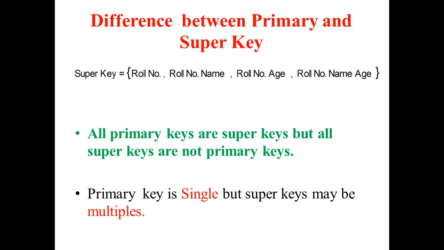The difference between the primary key and a super key is that all primary keys are part of a super key, but not all attributes from the super key act as a primary key. For every relation there is only a single primary key, but there may be many possible super keys for one relation or table.